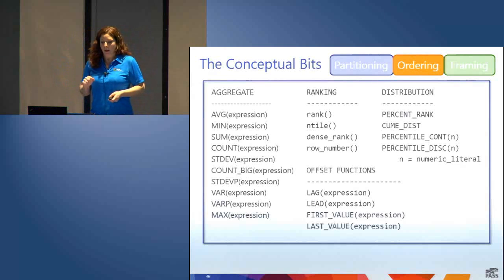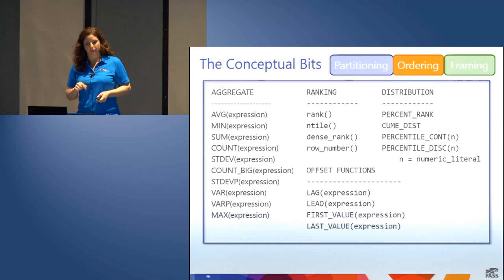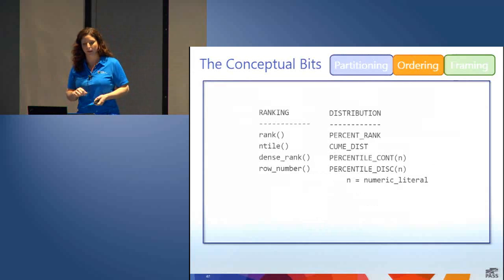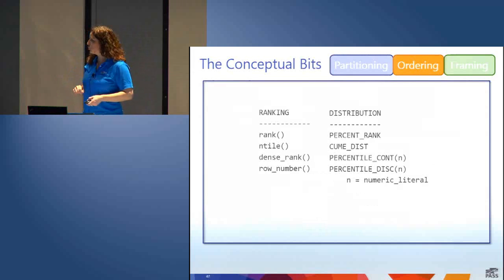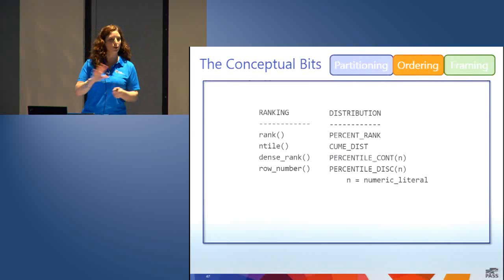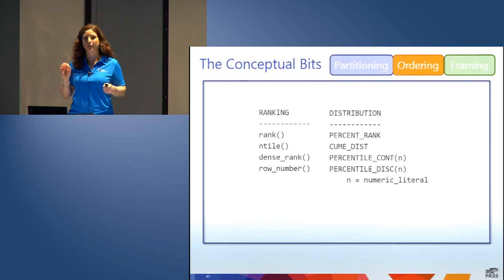Now, all of these can take an order by specification. But again, it can mean something different to one group from another. And the key is knowing who supports framing. Ranking and distributions do not. They don't support framing at all. They're purely order-based because they're calculations.